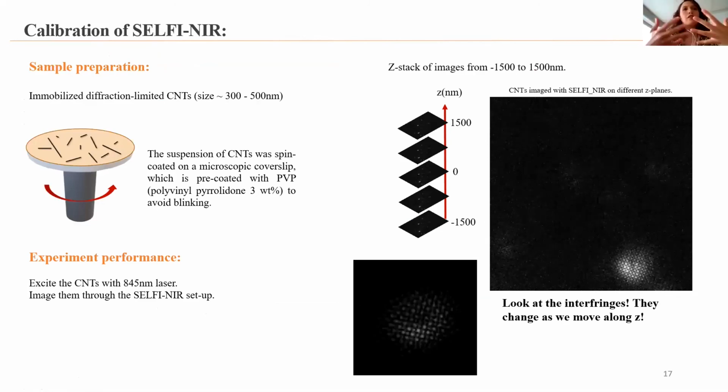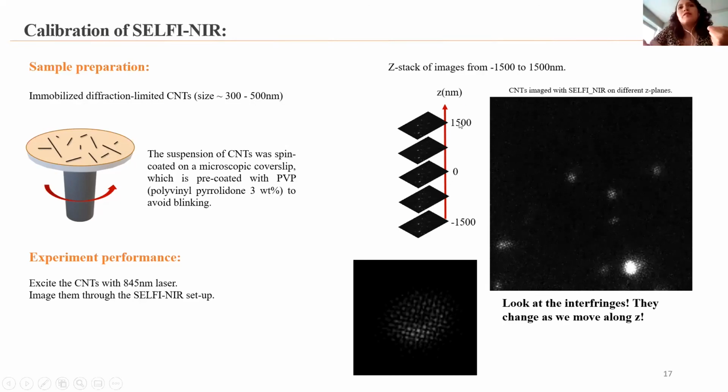So how do we calibrate our setup to know the precision that we can attain? First of all, we have to make the sample preparation. For that, we use immobilized diffraction limited carbon nanotubes, and we prepare our sample such that we avoid blinking and the signal is very stable. Then we excite these carbon nanotubes and we image them through our setup.